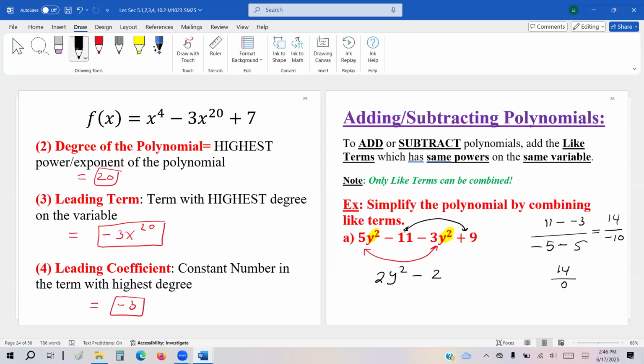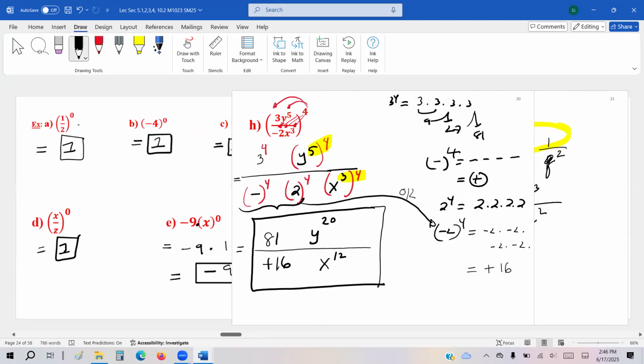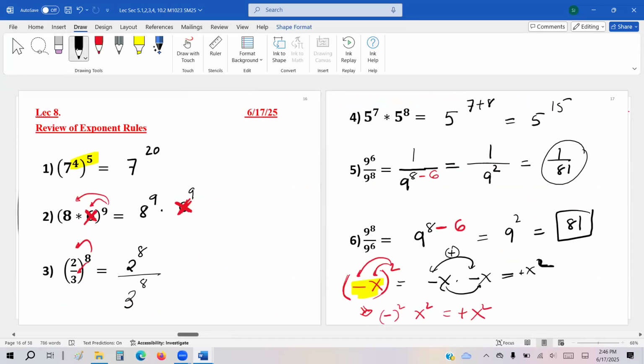With the power, all those exponent rules are either for multiplication or division. We did not have any rule for addition or subtraction. If you look at all these examples we did, see, multiplication, division, multiplication, division, division. Do you see any addition and subtraction anywhere here?